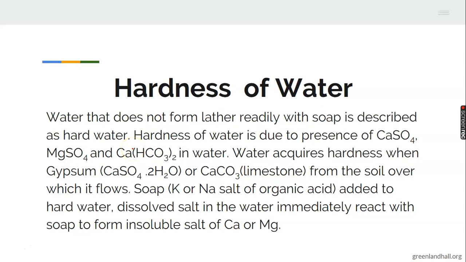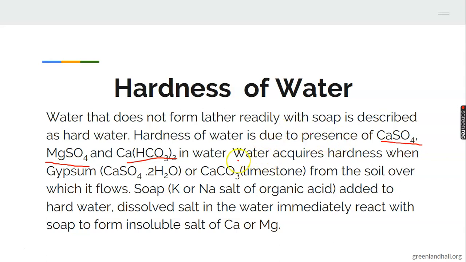Hardness of water is due to the presence of calcium sulfate, magnesium sulfate, or calcium hydrogen carbonate in water. This is what causes hardness of water. And how does hardness come about?